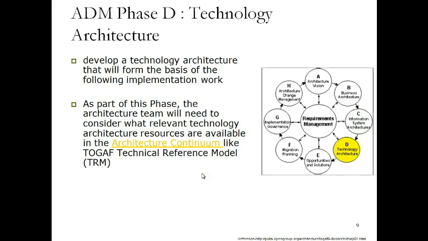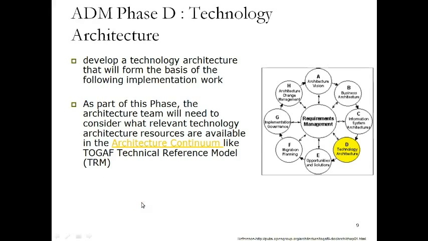Technology architecture. In this phase, we develop a technology architecture that will form the basis of the following implementation work. So basically, we need to know what kind of infrastructure we need to support the applications and data, which in turn support our business case.